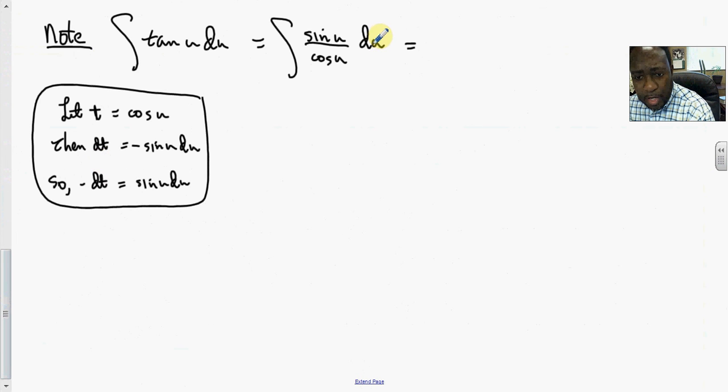So here the sine u du, that's the numerator, is represented by negative dt. So put the negative there, the integral. I'm going to say this is 1 over t. t represents the cosine.